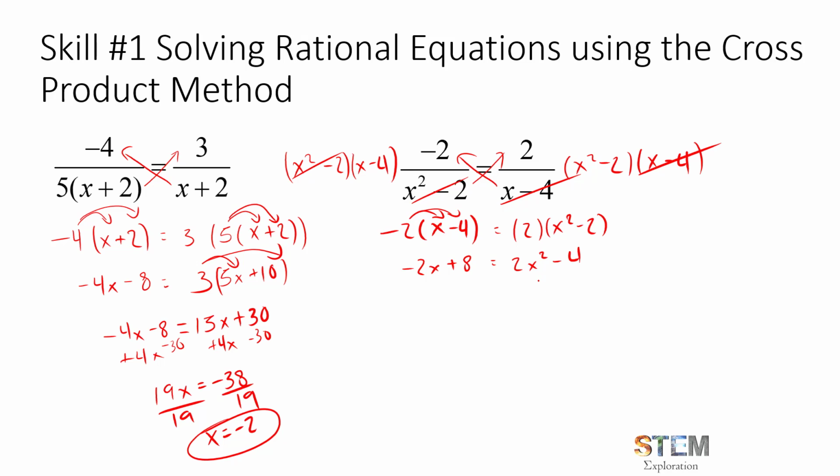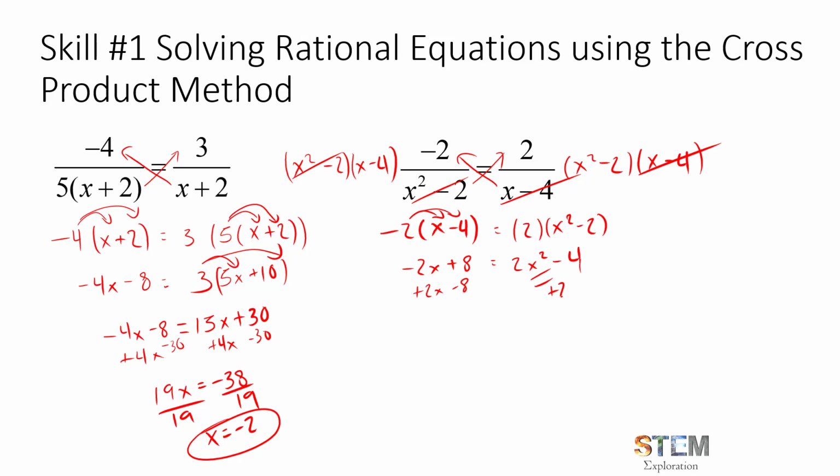And so now what I'm going to do here, in terms of solving this rational equation, is move everything to one side and get it equal to 0 and see if I can solve it using the quadratic formula. Because I see I have a quadratic term here, so I'm going to need to take advantage of that. And I do have an x to the single power, so there would be a b term in the quadratic equation. So I'm going to add 2x and subtract 8 from both sides.